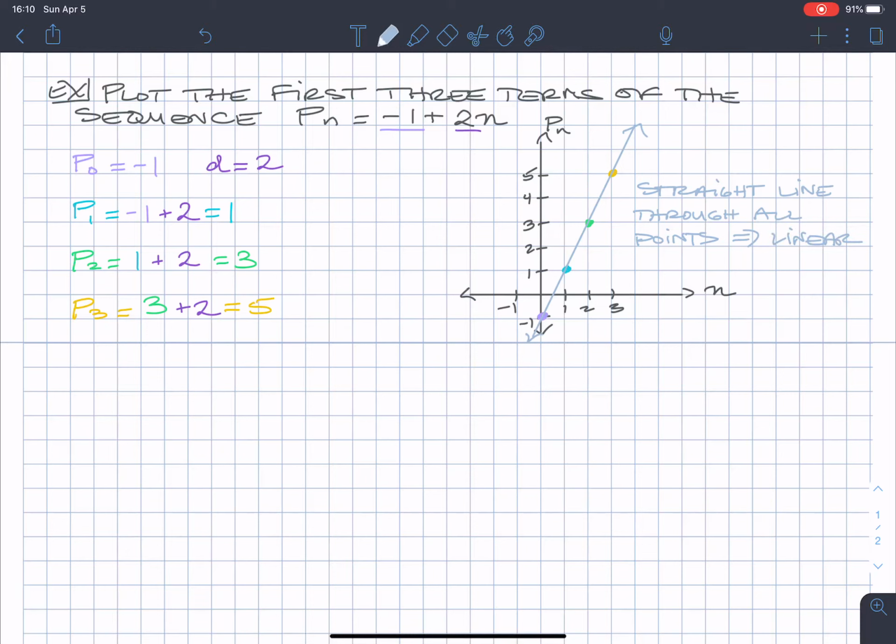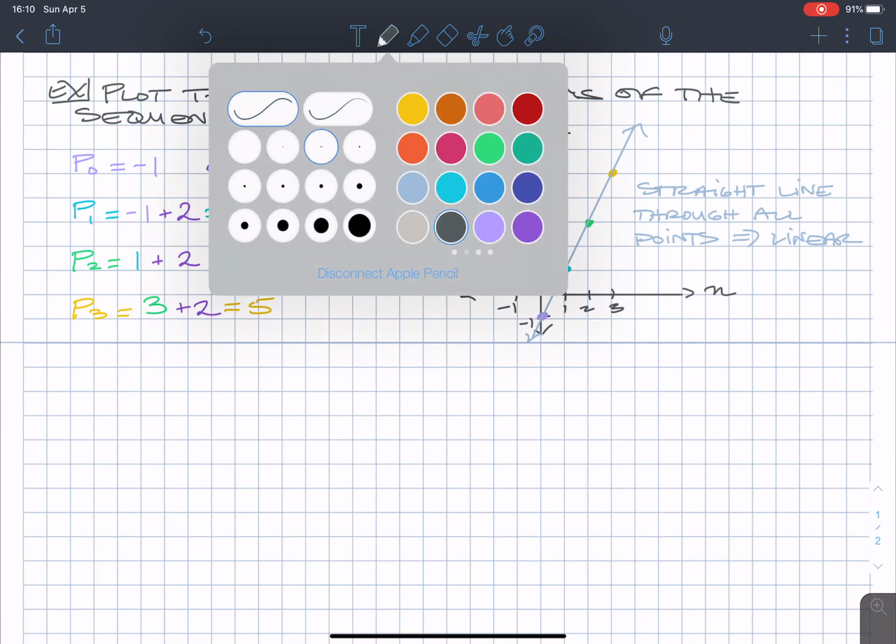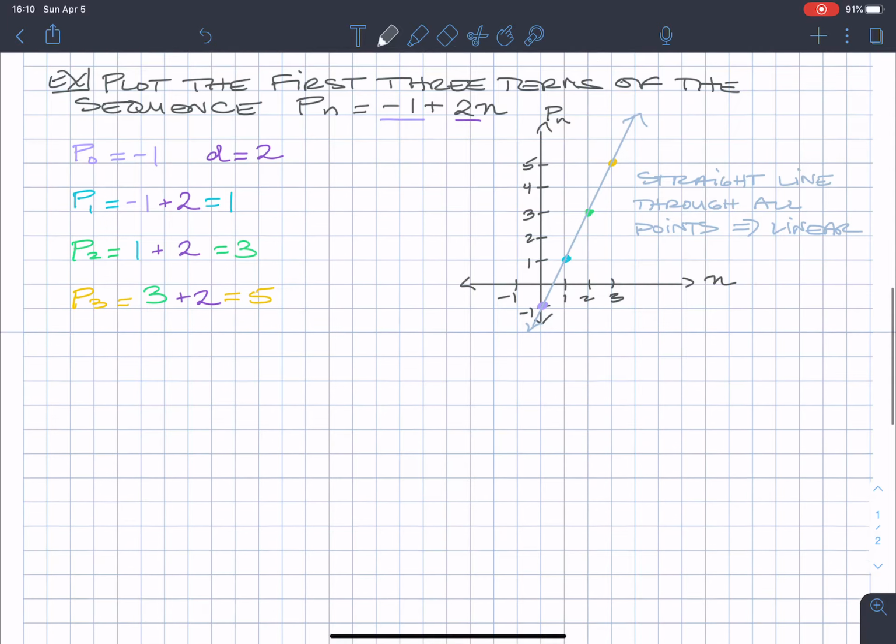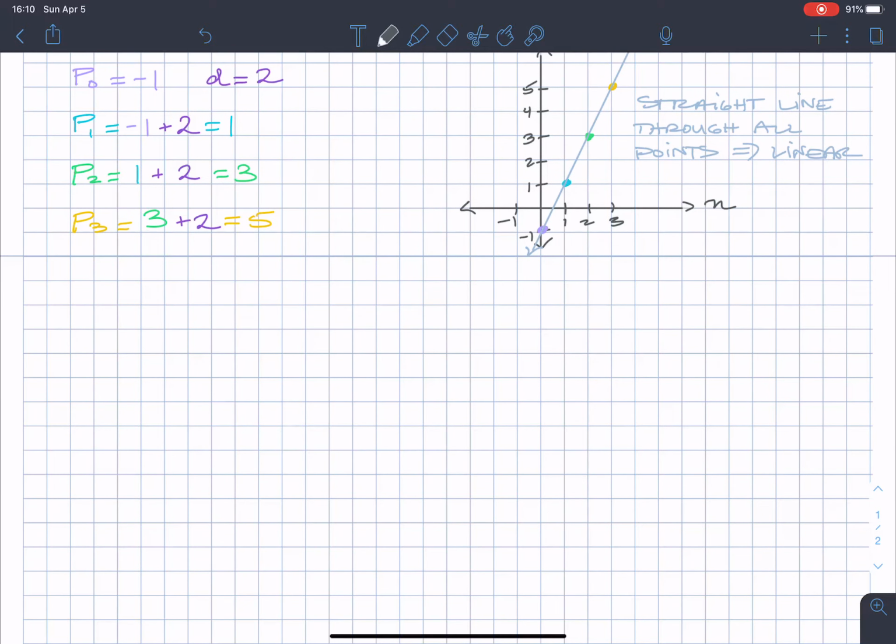Okay, so continuing on. So for example, let's plot 5 terms of the sequence.